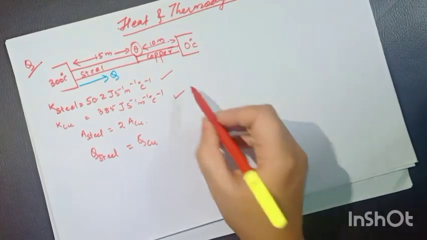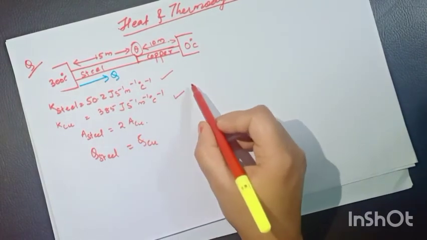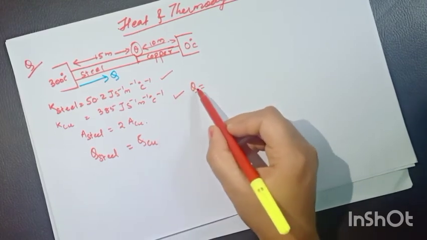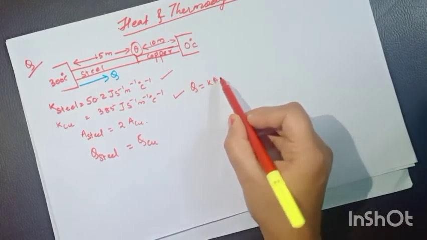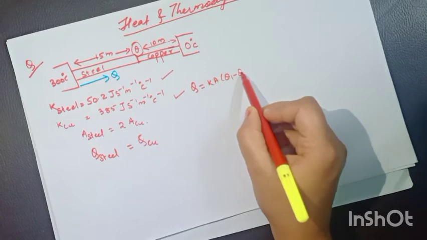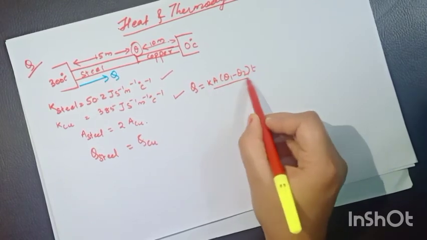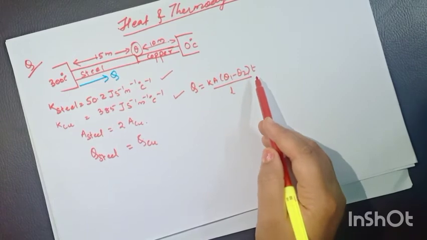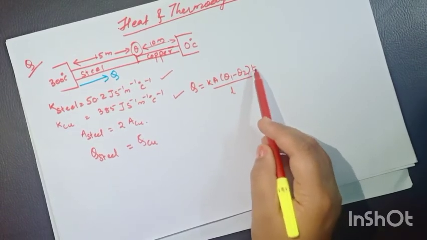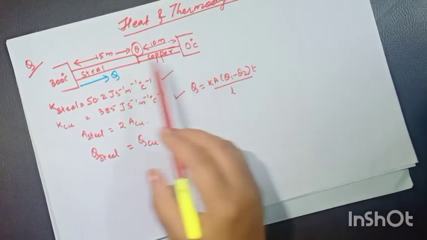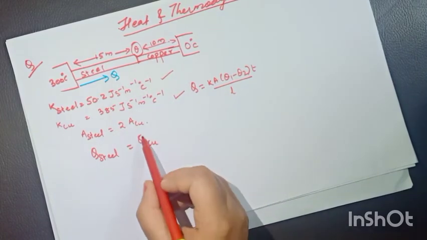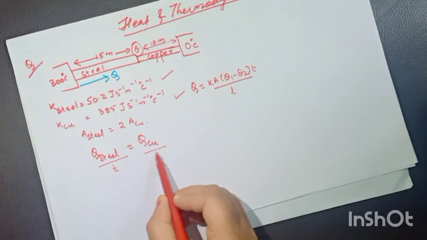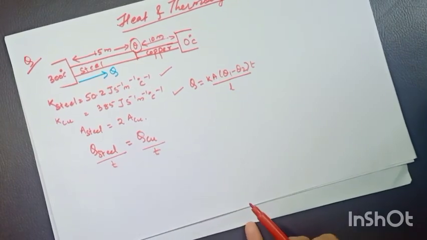The relationship between heat and the coefficient of thermal conductivity is Q = KA(theta1 - theta2)t/length. Let us consider the time to be the same for both steel and copper, so the heat per unit time, Q by t, will be the same for both.